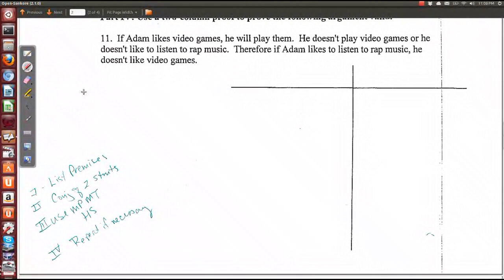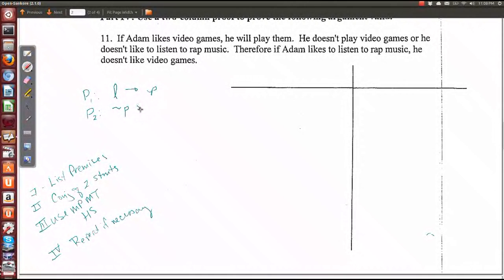So I need to write this as a premise. If Adam likes video games, I'll use the letter L, then he will play them, P. My second premise: he doesn't play video games. That would be negation P.